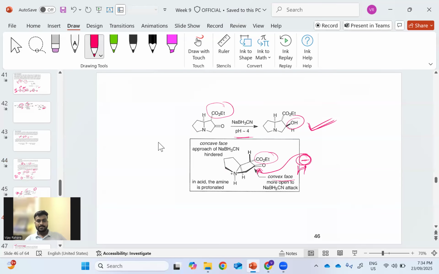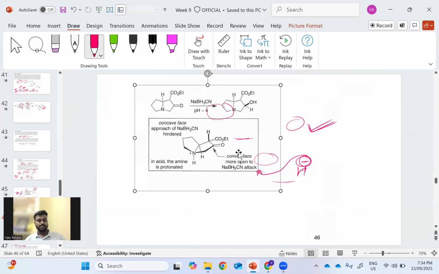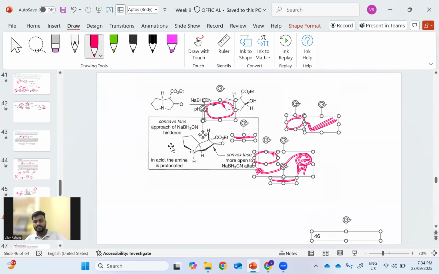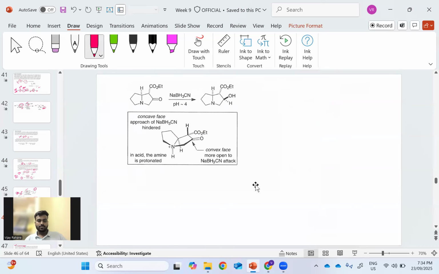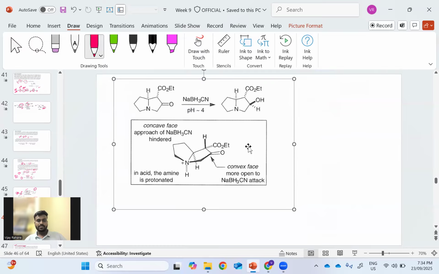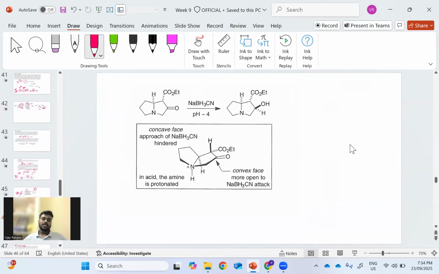Here again are some examples of stereoselective reduction. If you look at this compound which has the keto group, and we use NaBH3CN, sodium cyanoborohydride, then if you look at the stereochemistry, this ester group is directing downward, and this methyl is also directing downward.